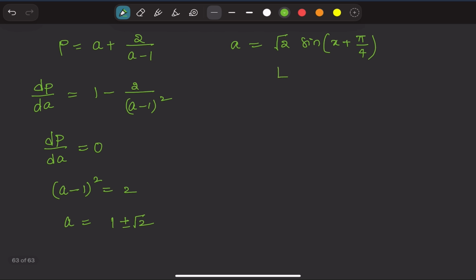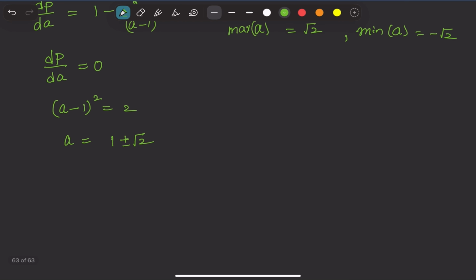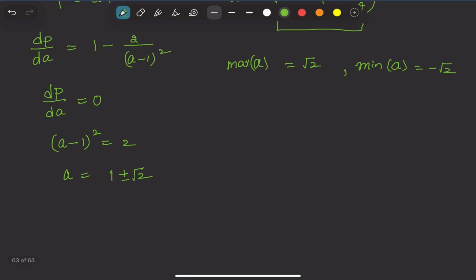But if you check here, the maximum value of A is root 2, and the minimum value of A is minus root 2. So these are the only allowed values of A. The values outside this range are not allowed. Alright. So here if you consider A is equals to 1 plus root 2, this goes outside the range.